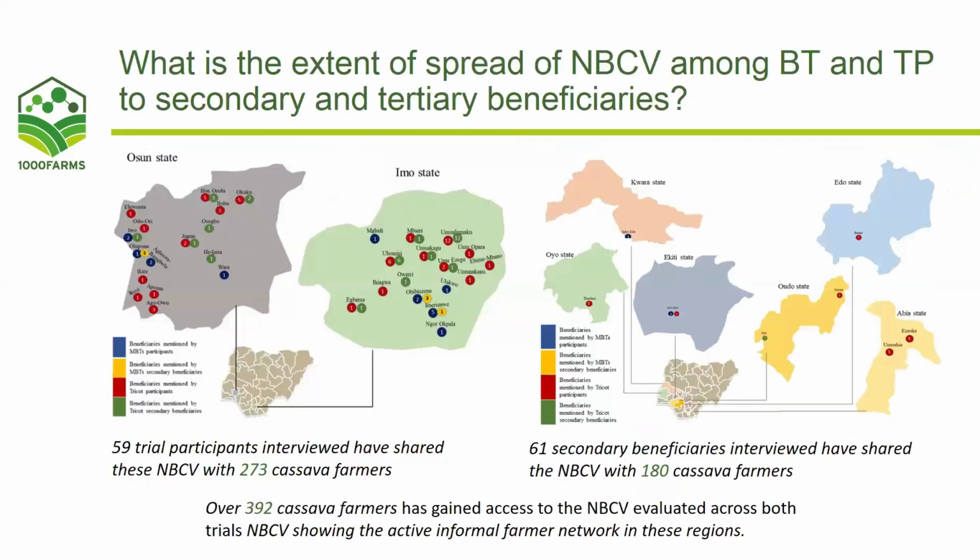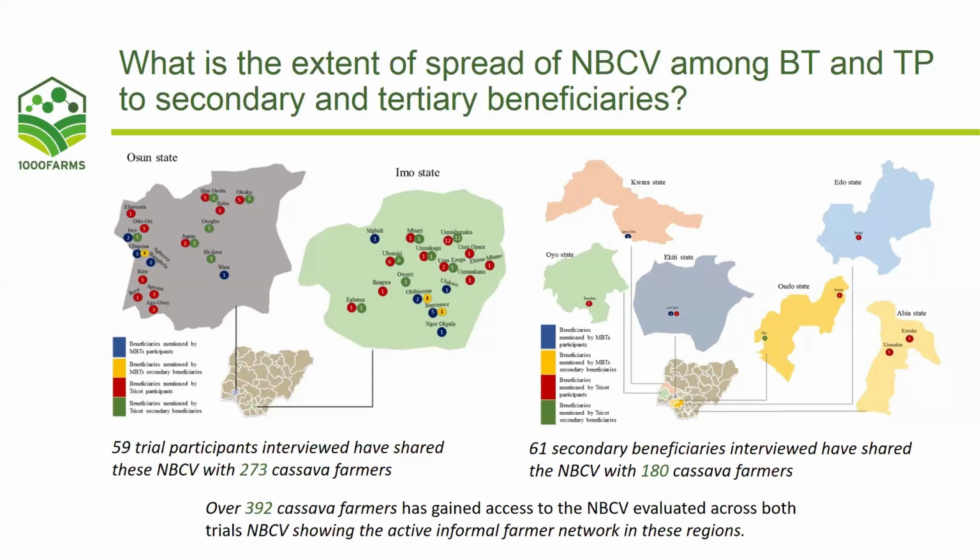So the extent to which these cassava varieties have spread among those regions is that, out of the 59 trial participants that were interviewed, we have about 273 cassava farmers that have gained access to these cassava varieties. Out of those 273, we were able to interview 61 of the secondary beneficiaries, and we were able to note that about 180 cassava farmers, which is the third category, have gotten access to this cassava variety.